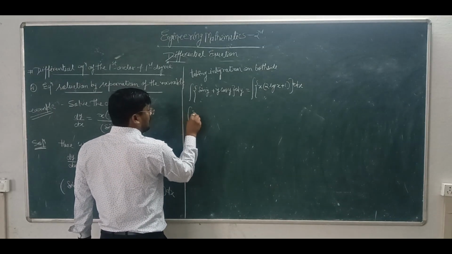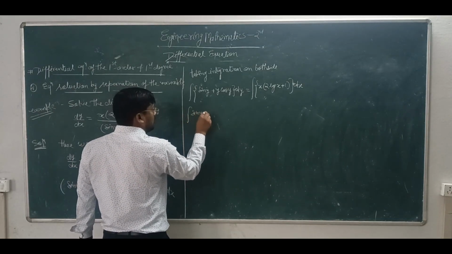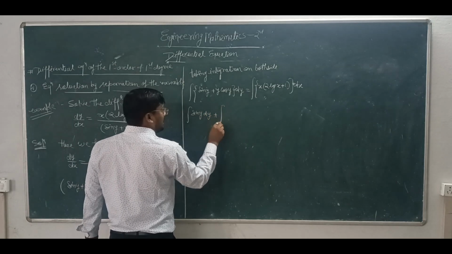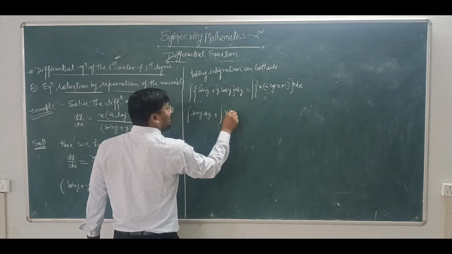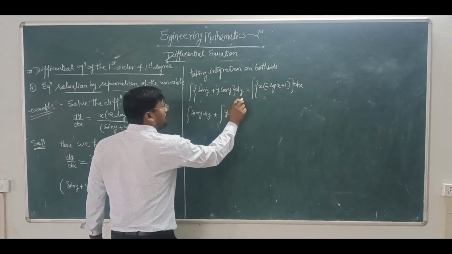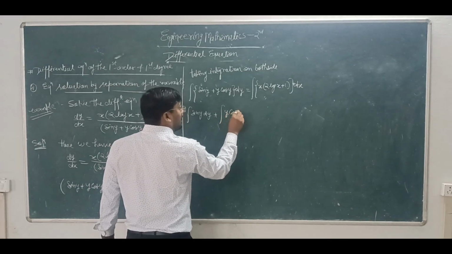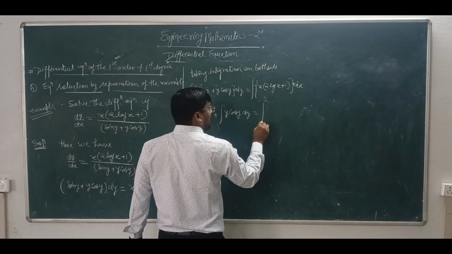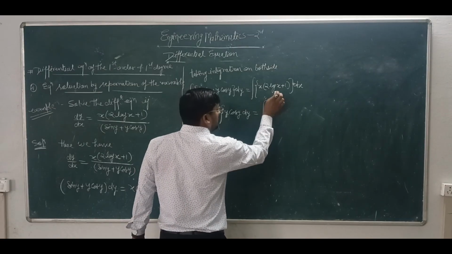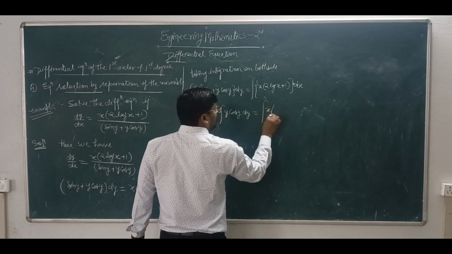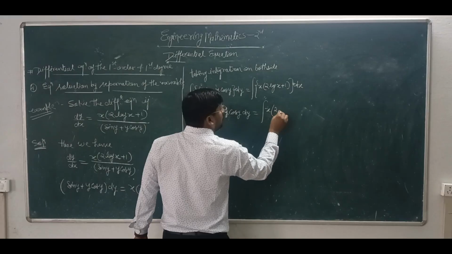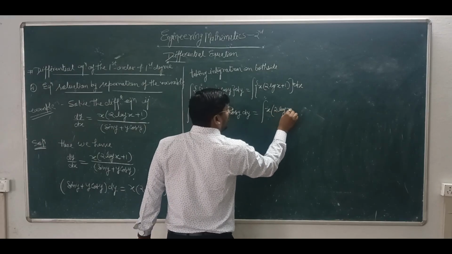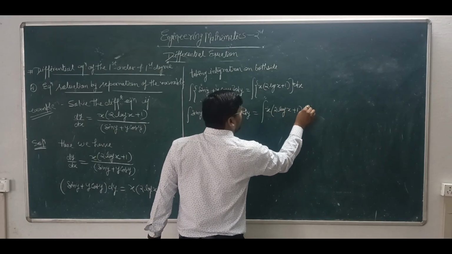Now you can write integration sin y dy plus integration y cos y dy is equal to integration x(2 log x + 1) dx.